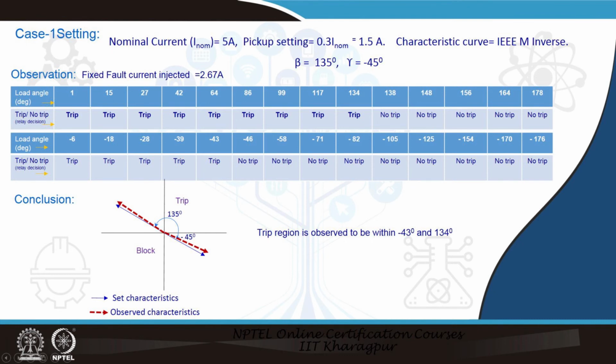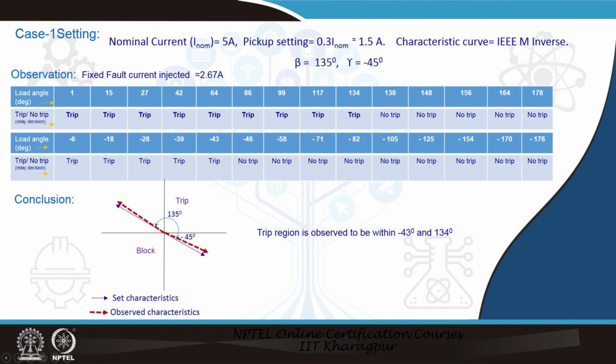The red one is the observed one, and the set one is the solid blue line, 45 degree to 135 degree. So, we see that the directional characteristic in the forward region, as per this setting, follows pretty accurately, and therefore we can say that the directional overcurrent characteristic is correctly verified.